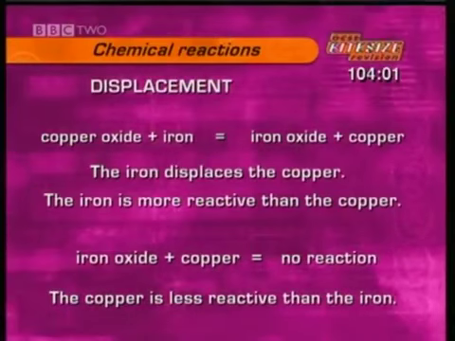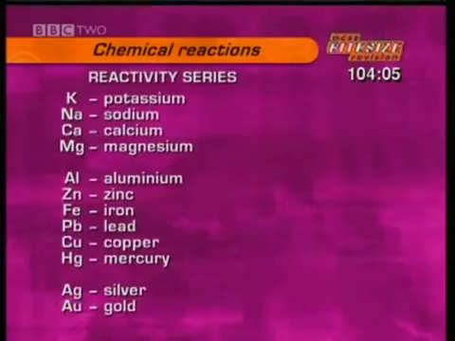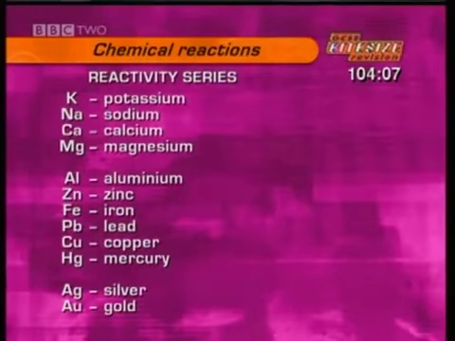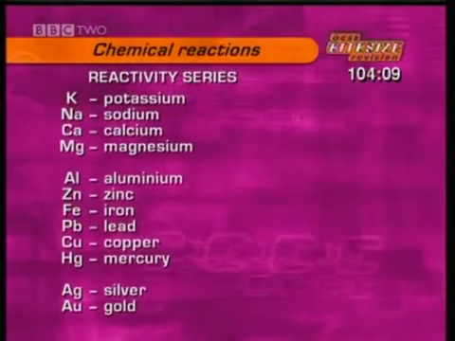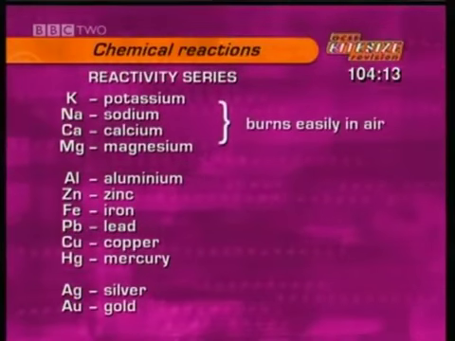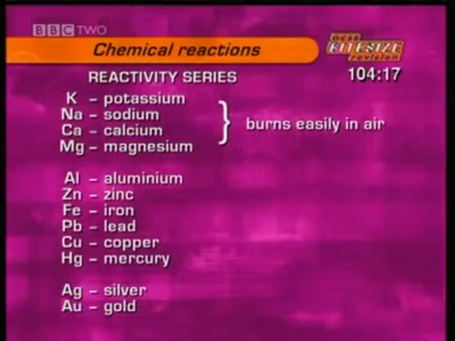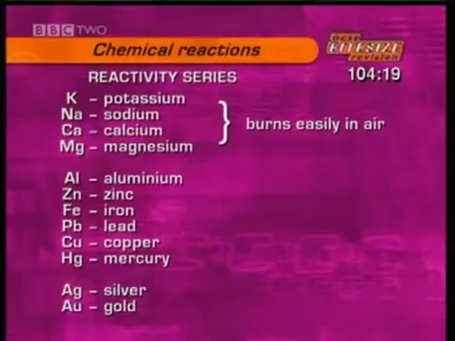But how do you know which metal will displace another? It all depends on their position in the periodic table and where they are in the reactivity series. Potassium, sodium, calcium and magnesium burn easily in air and react with water with decreasing reactivity.